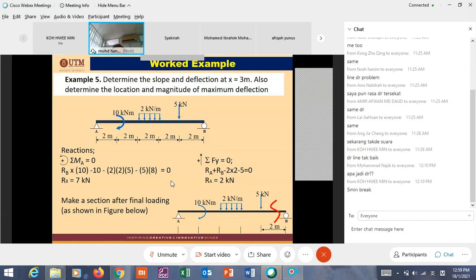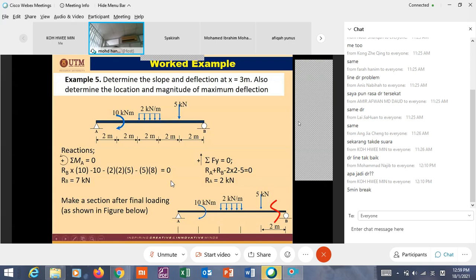Just to have an idea, if you use double integration, how many segments here? 1, 2, 3, 4, 5 segments.